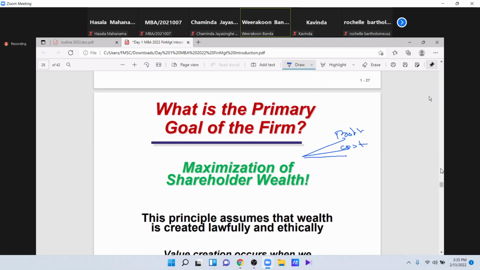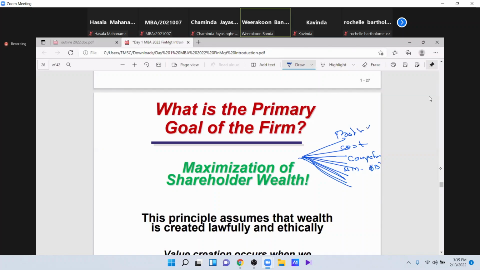Sometimes you can say beat the competition. Sometimes you can say minimize risk. Likewise, there can be different kinds of objectives.